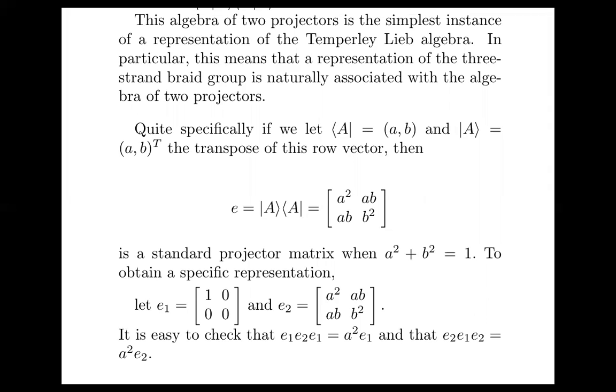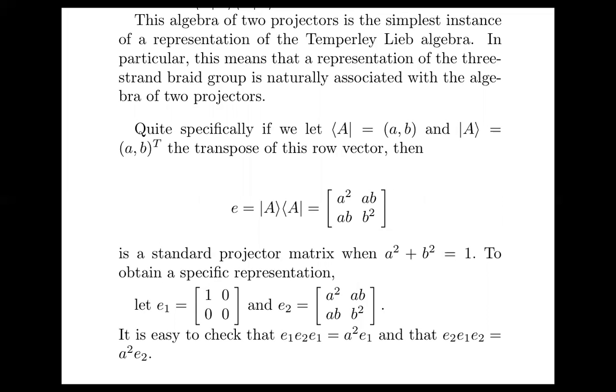And I want to obtain a specific representation and play with it to see if I can make it work. So I let E_1, the simpler one, be just the one from (1, 0). So the vector is (1, 0) in one case and (a, b) in the other. And I have these two. And you can check, of course, that in this case, the tau is just a squared.